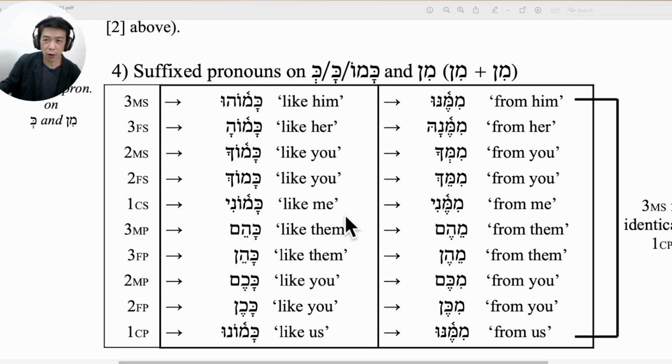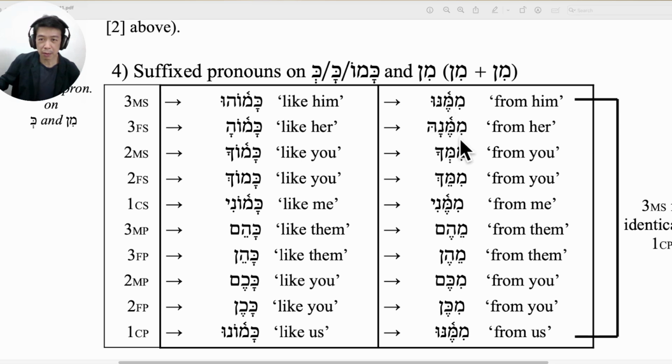So for min, the similar forms can be seen in the table on the right hand side, like so, except that the meaning is changed from like to from. So from him it becomes mimenu.